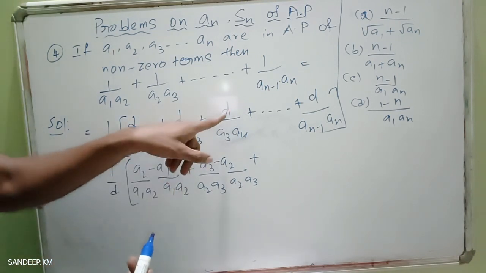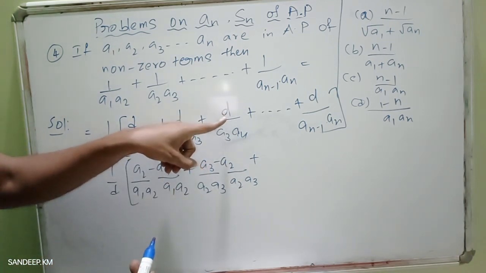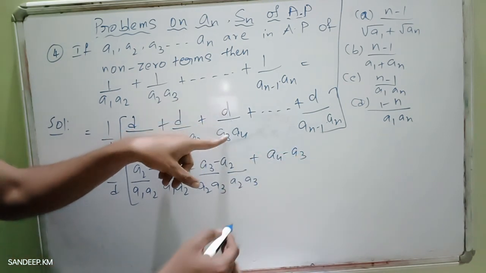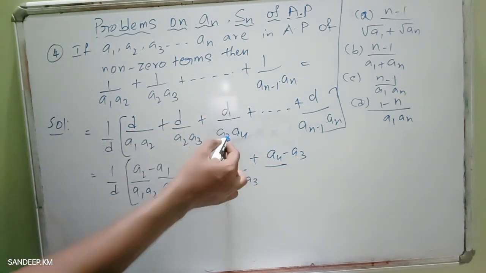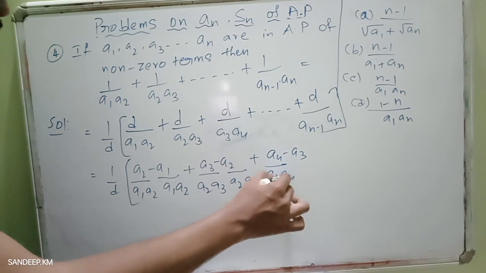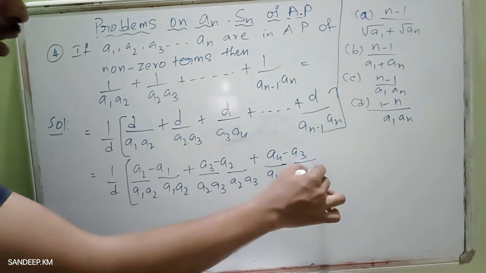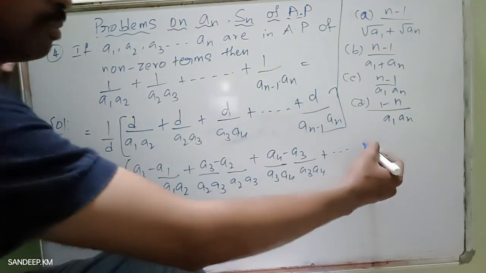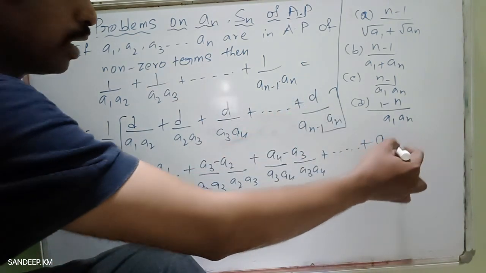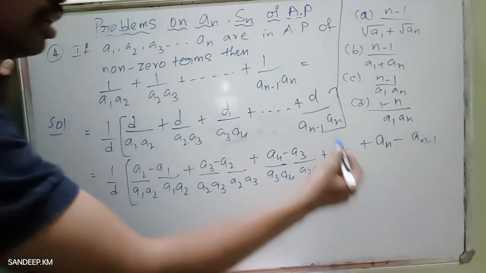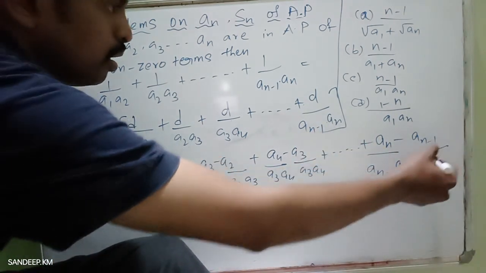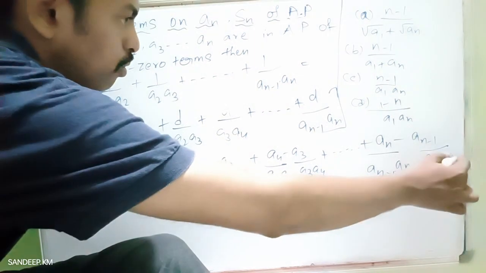Here the common difference can be written as a4 minus a3 in the numerator, and the common denominator a3, a4. Here also a3, a4, and so on. Here the common difference can be written as an minus an minus 1, and let us separate the common denominator: an minus 1 into an.